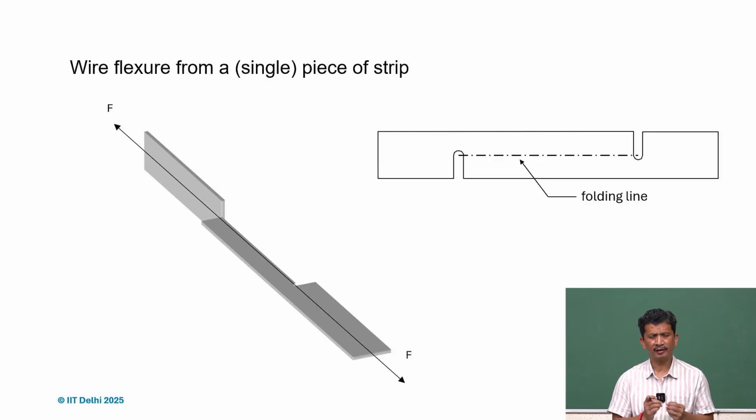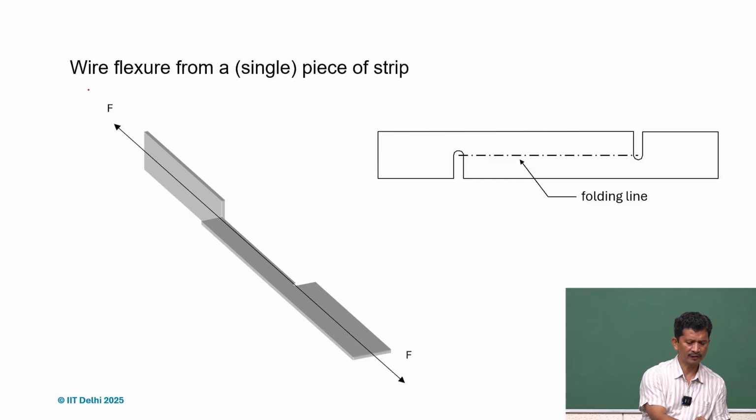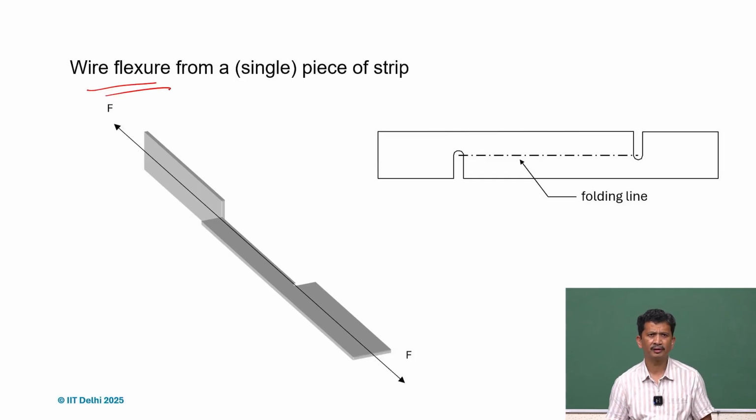Yes, we understand that wire flexures are a very good element, and they can provide one constraint, and we can use it as a building block to make different kinds of compliant mechanisms with different degrees of freedom.